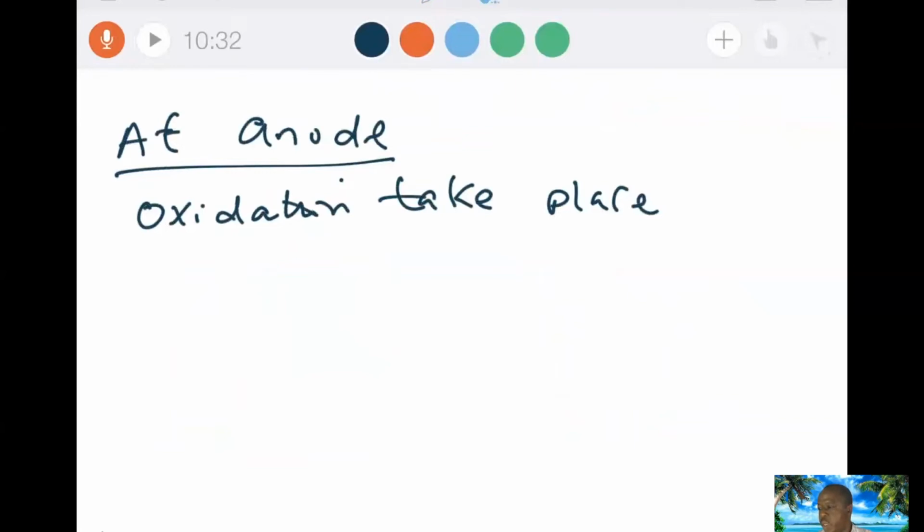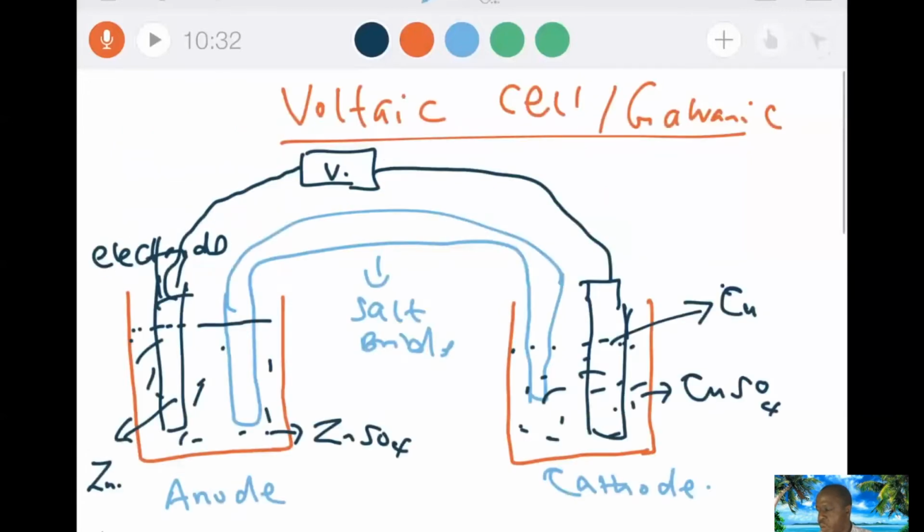Here there is loss of electrons, so that what we have is zinc going to zinc 2 plus. And remember to write the physical states: solid, aqueous, plus 2 electrons. The electrons will be transferred in this direction, from anode to cathode.